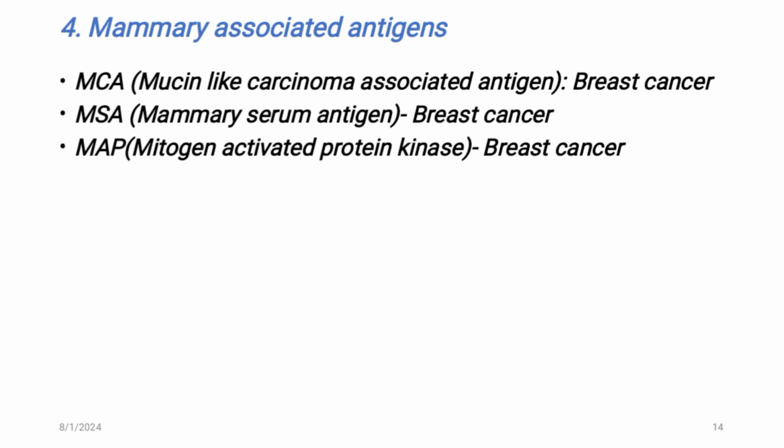The next class of tumor marker in the body is the mammary associated antigens. It is the tumor marker of the female that, as the name indicates, is mammary associated. There are three types of mammary associated antigen. These are MCA, mucin-like carcinoma associated antigen, used for breast cancer.